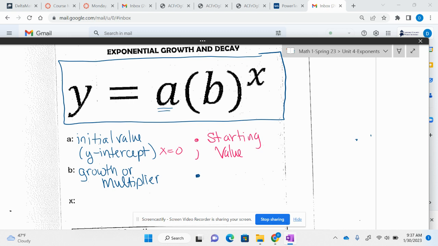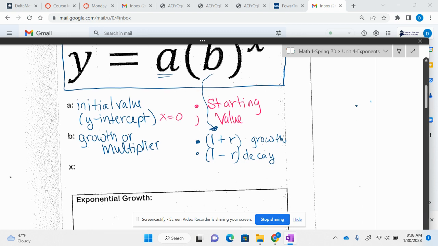So when we talk about exponential growth and decay, we're going to take our rate, which is written as a percentage, and we're going to add it to the number 1 if it represents growth. And we're going to take our rate as a percentage, and we're going to subtract it from the number 1 if it represents decay. And we put that in a parenthesis because this is our B value, right? This is our multiplier.